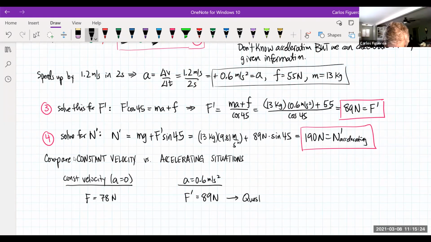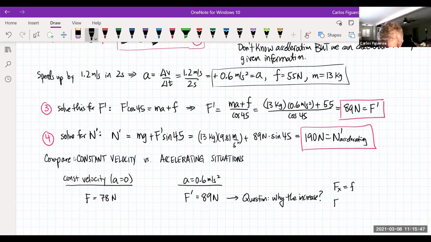And really, the question is, why the increase? The reason is that you have to look at what happened. We had Fx equal to the frictional term.